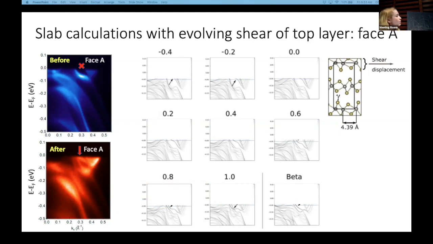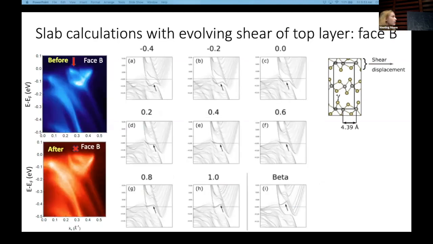Additionally, the beta structural phase, the surface state that it produces, does also have that same qualitative property in that on one of the faces, there's a surface state that is found below the chemical potential. So doing the same calculation on face B, so that's the one where first you see it and then you don't, this is what is observed. Initially, without any shear displacement, there is a surface-like band that is below the Fermi energy.